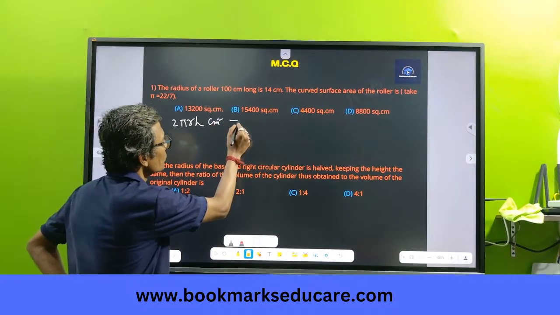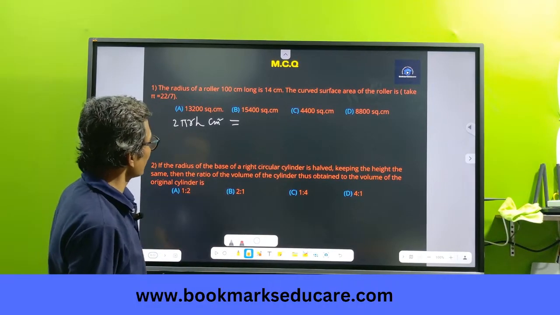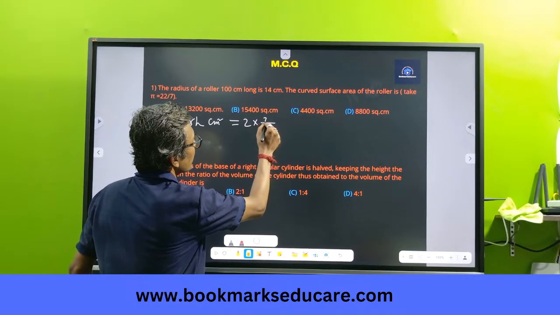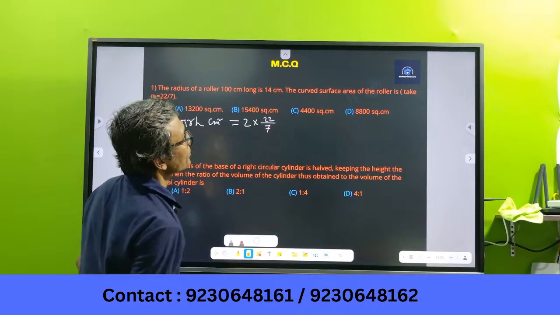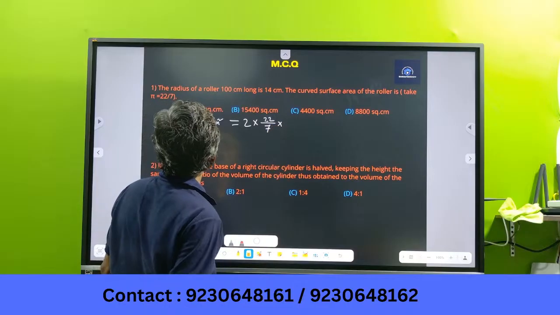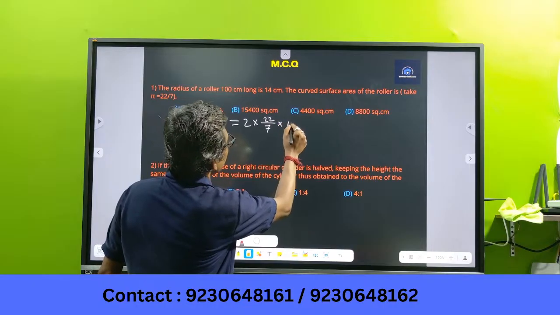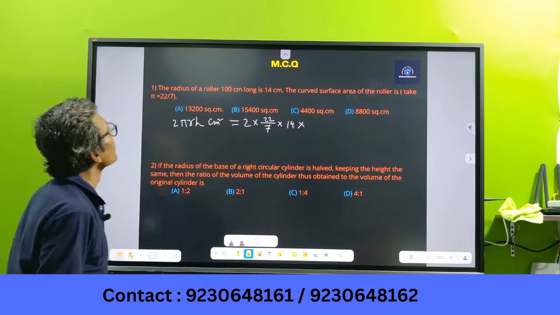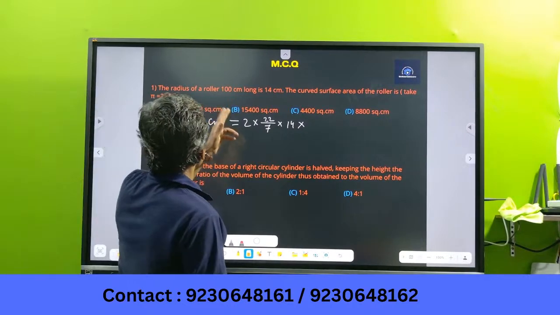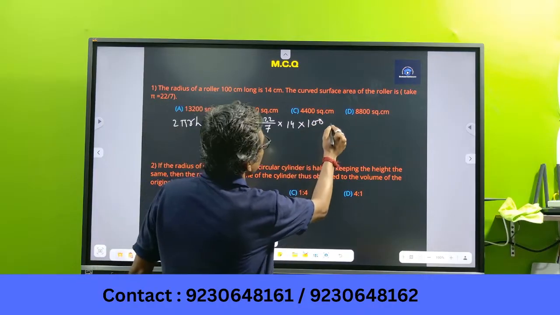Now we have to put the values of R and H, which are given in the sum. 2 pi means 22 by 7, into R, that is 14, into height, that is length, 100 centimeter.